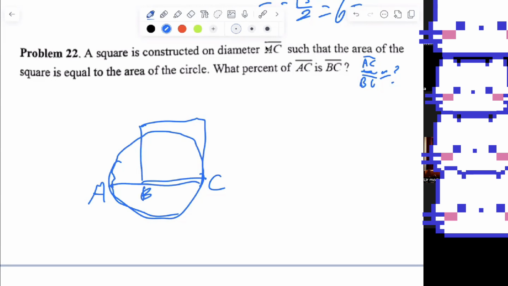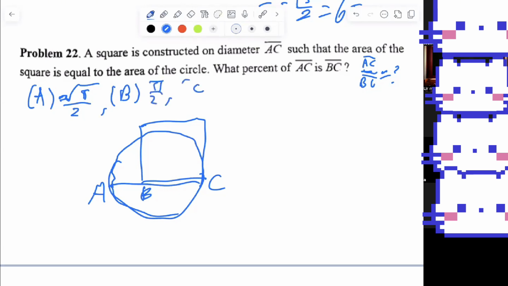So basically the answer choices were: A equals square root of pi over 2. B is equal to pi over 2. C, 3/4.